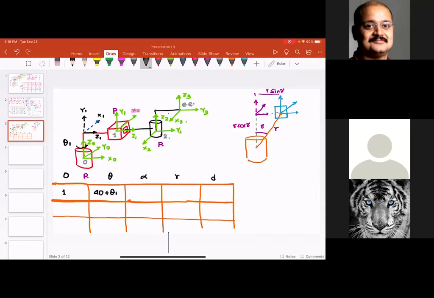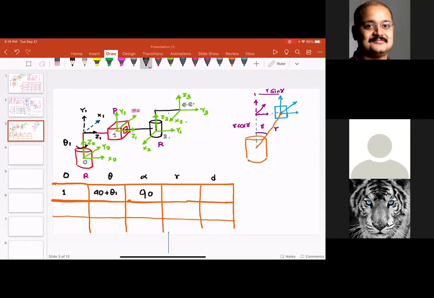Alpha is the rotation about X1 so that Z0 gets aligned with Z1, and that is 90.